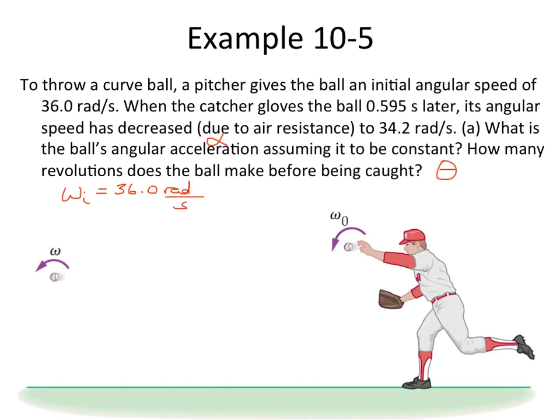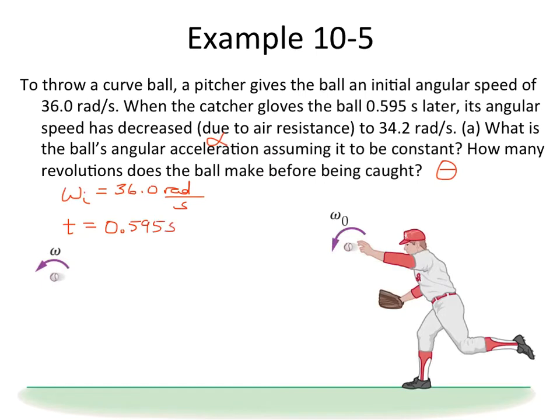Time, the amount of time that elapses. Now, this is not period. Period, remember, is the amount of time it takes for an object to rotate one time. This is obviously several rotations later. So it's the amount of time, 0.595 seconds later. So half a second later.